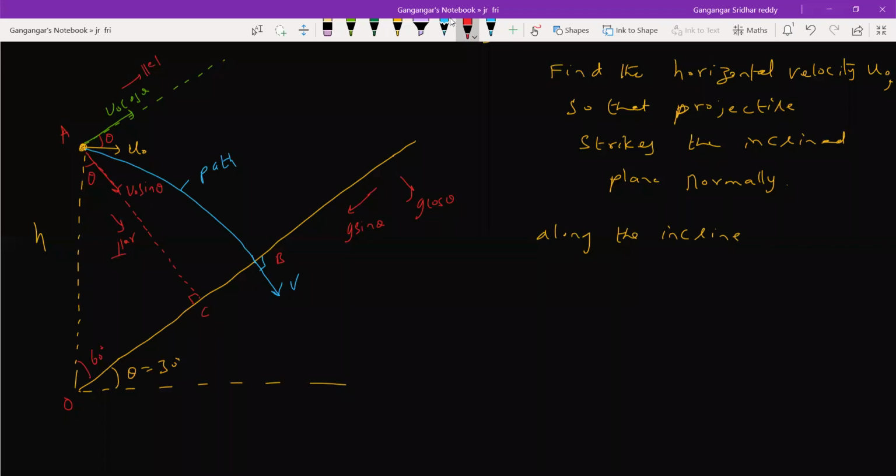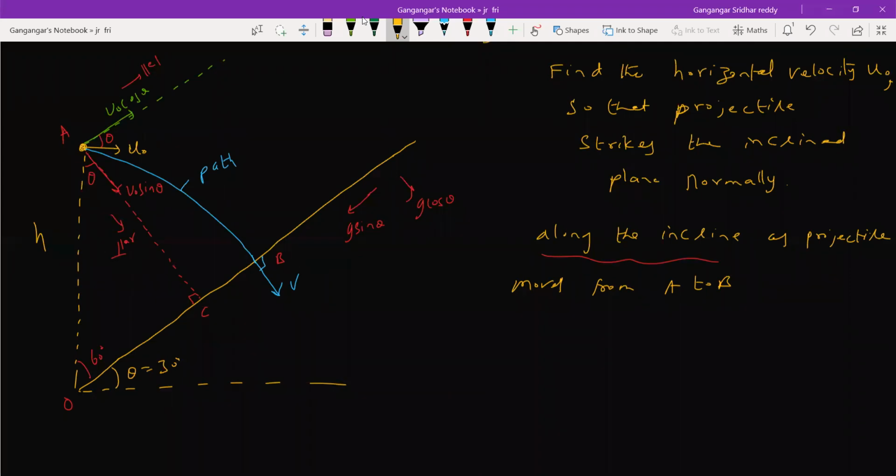So along the incline, write the equation of motion, not along the path, along the incline, as the projectile moves from A to B.